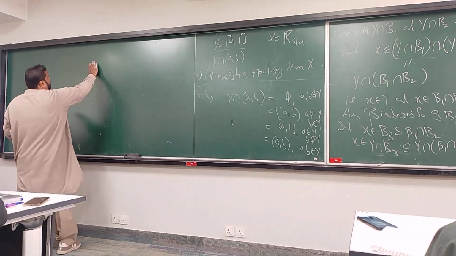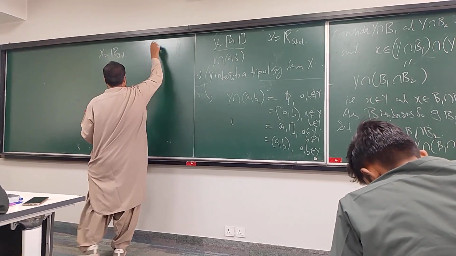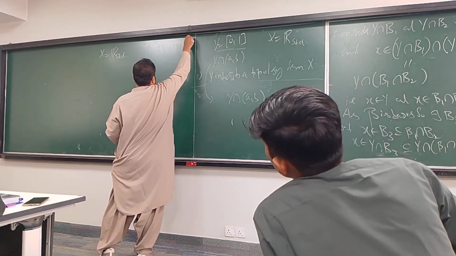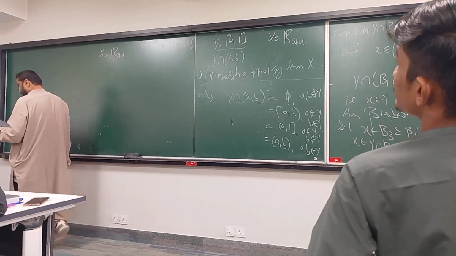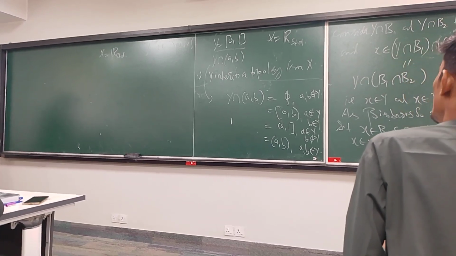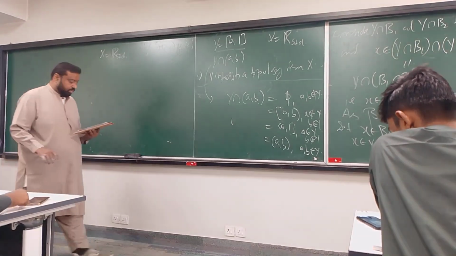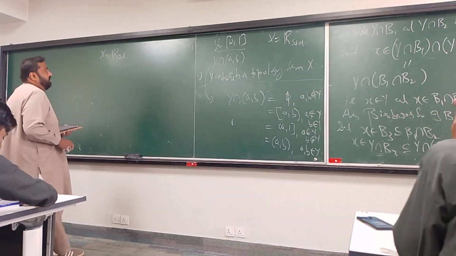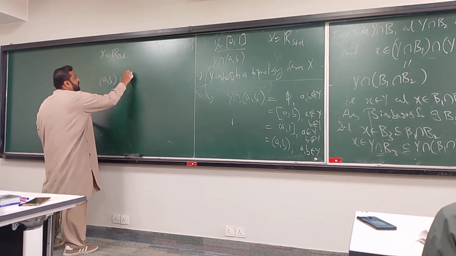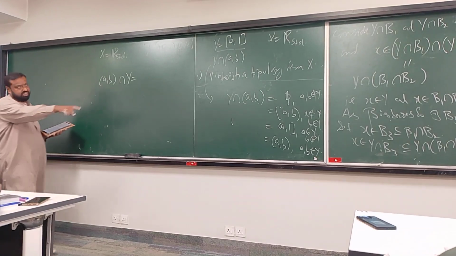So here is an example. X is R with the standard topology, and Y is this: the interval 0 to 1, union a singleton, 2. Obviously you now have to think about what the possible intersections between Y and (A,B) would be.